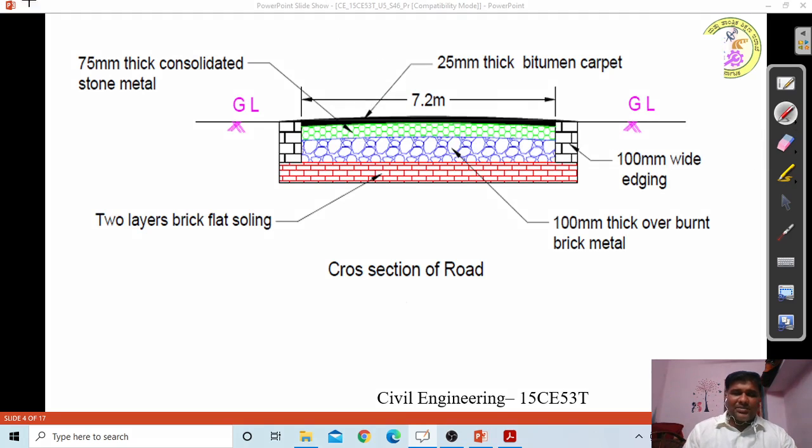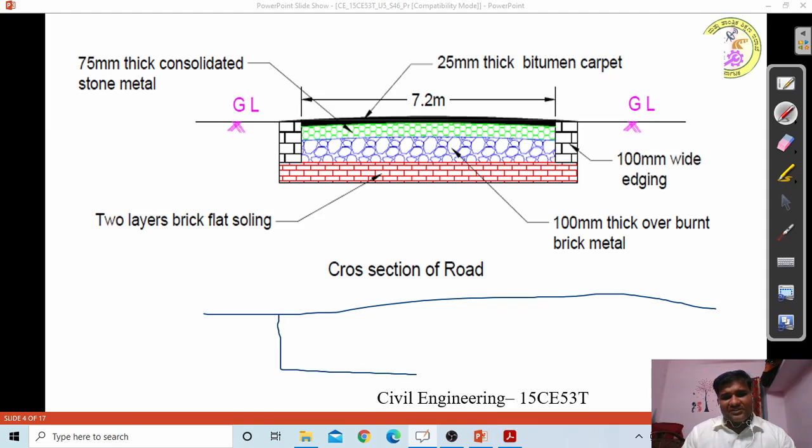So this is the typical cross section of the road. This road will be constructed in this manner. This is the ground level. First, I am going to dig the earth with an excavator to the depth of the bottommost layer.